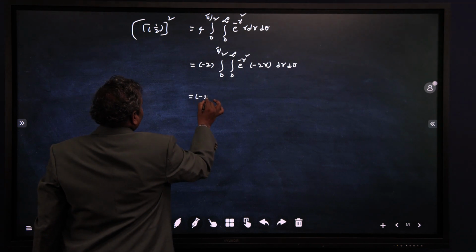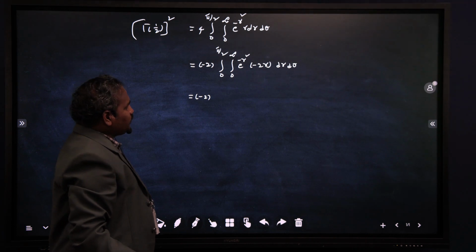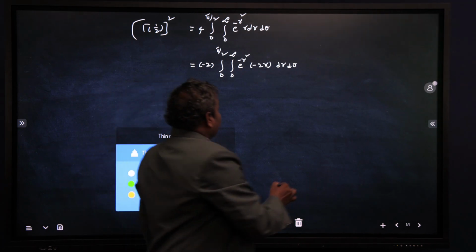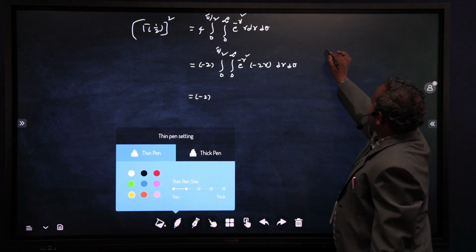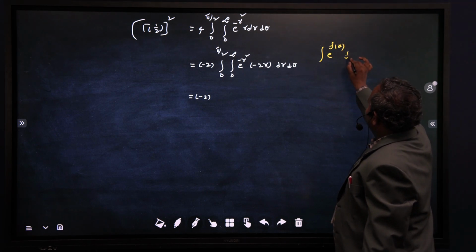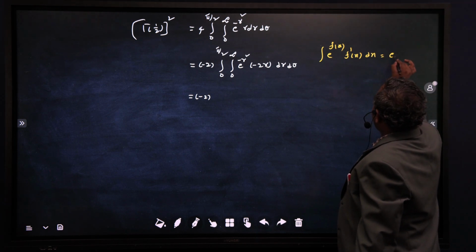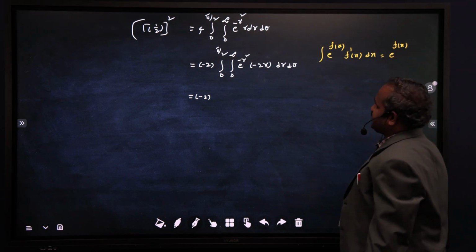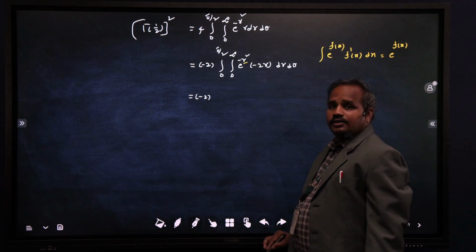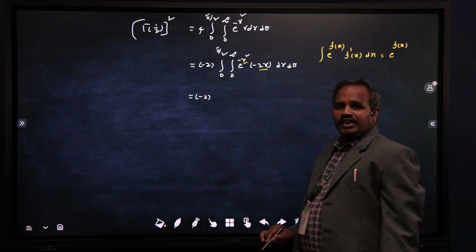Minus 2 into first integration with respect to r. Here you need to know one formula: integral e power f of x into f dash of x dx is equal to e power f of x. Here minus r square is f of x, minus 2r is f dash of x.